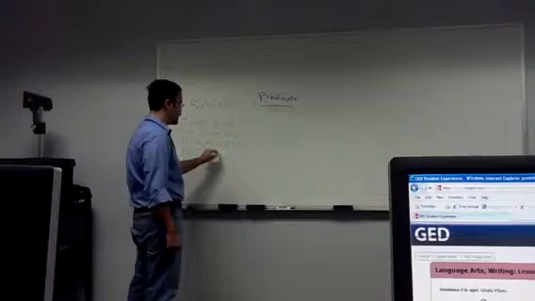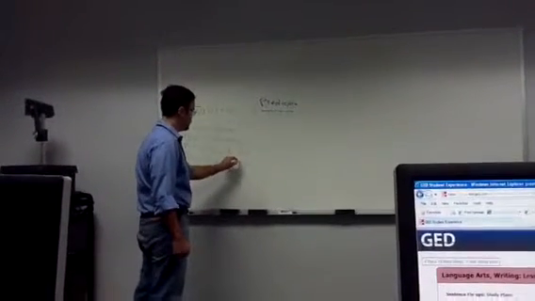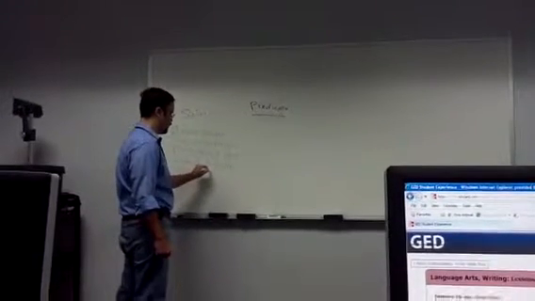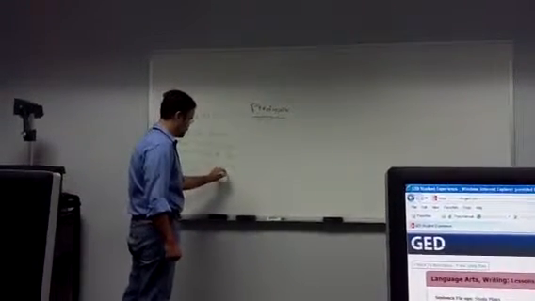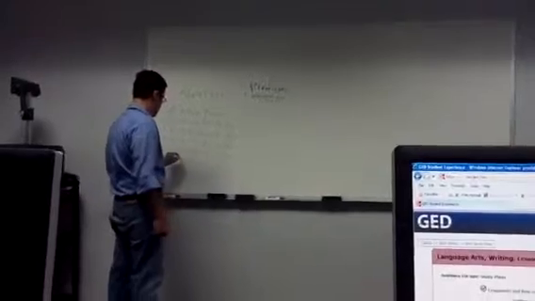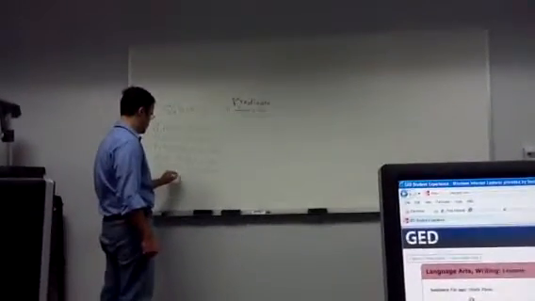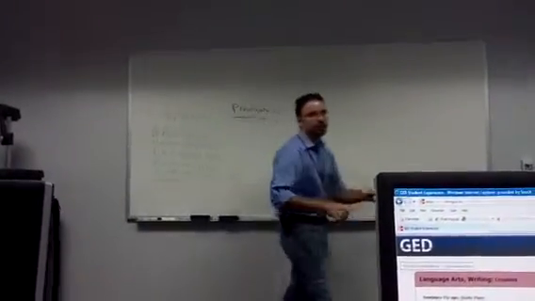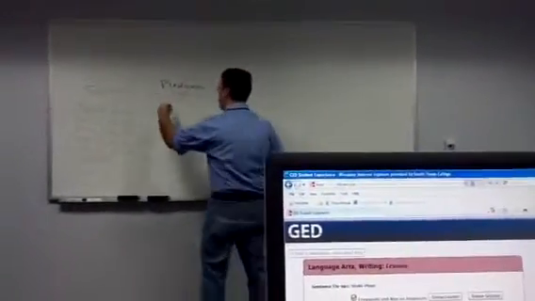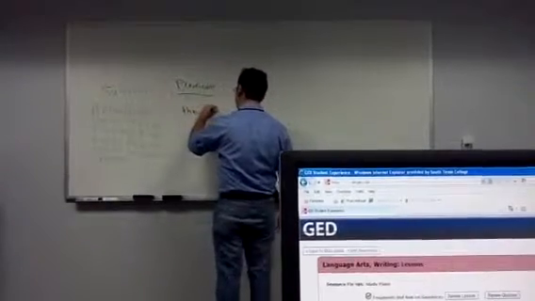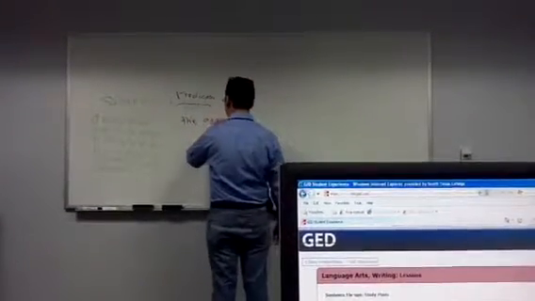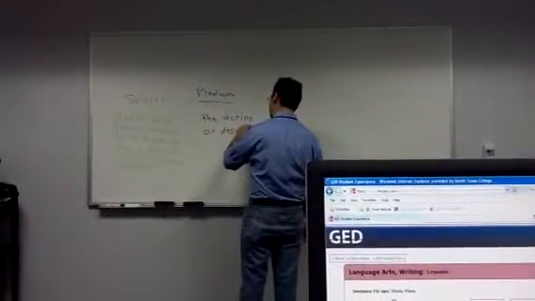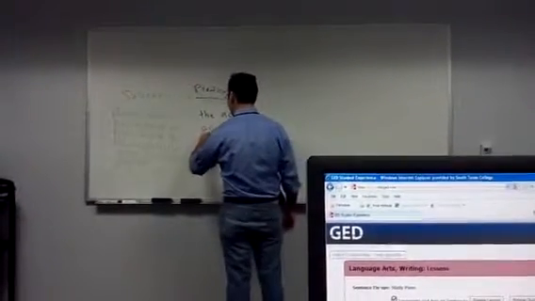A subject is doing the action or is being described. A predicate is going to be the action or description of the subject.